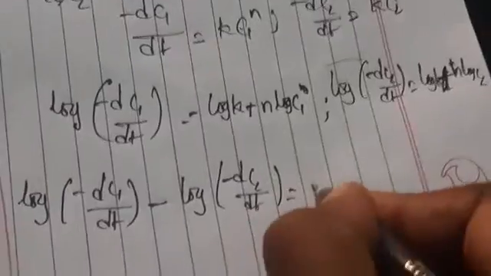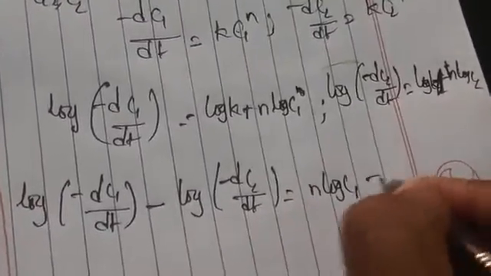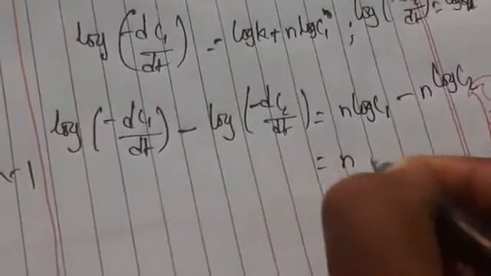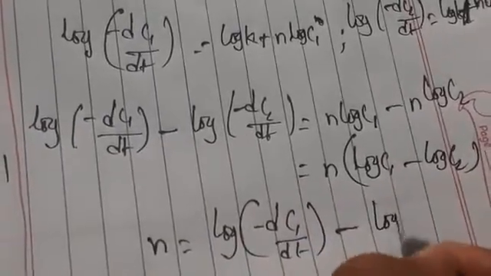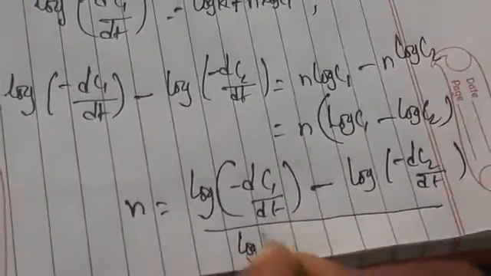The log k will get cancelled, so you get n log C1 minus n log C2, which can be written as n into log C1 minus log C2 if you take n common. Then, to find the n value for nth order, n equals log of minus dC1 by dt minus log of minus dC2 by dt, divided by log C1 minus log C2.